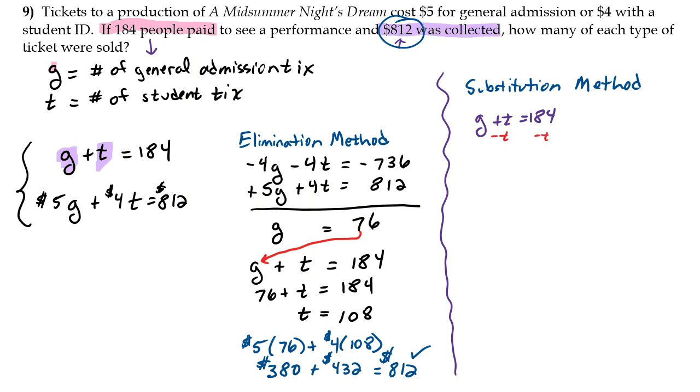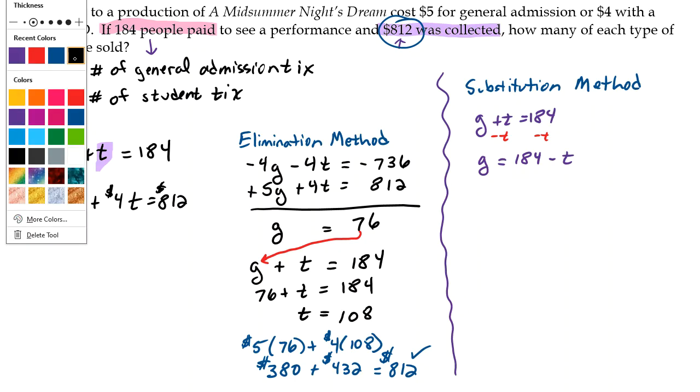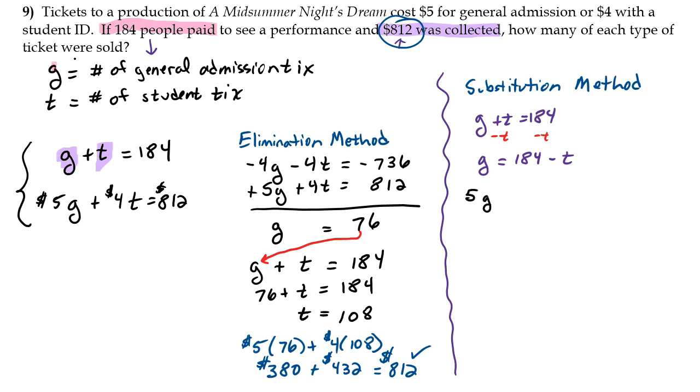And so I know that the general admission tickets has to be 184 minus however many student tickets. All right, so let's grab our other equation, which is 5g, this is the money part, plus 4t equals 812. So now for substitution, I'm going to take 184 minus t, and I'm going to substitute it in for g.